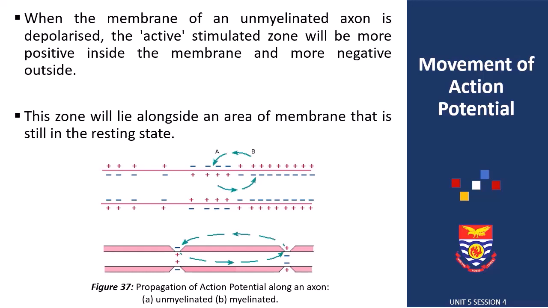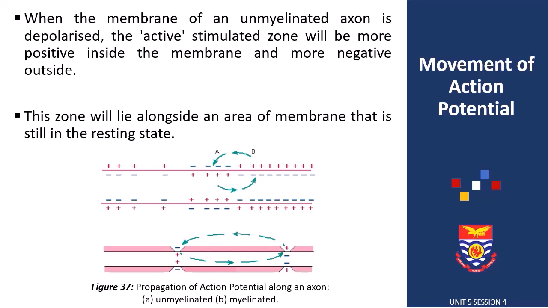When the membrane of an unmyelinated axon is depolarized, the active stimulated zone becomes more positive inside the membrane and the outside of the membrane becomes more negative.